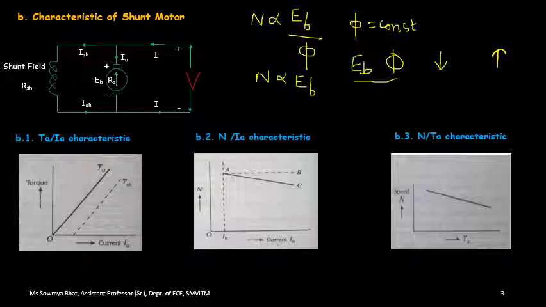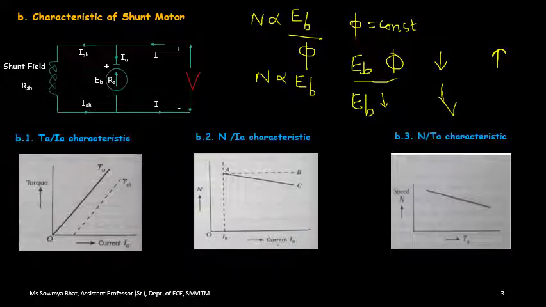When you compare EB and phi, there is a much more decline of EB value. EB value decreases more when compared to the value of phi.